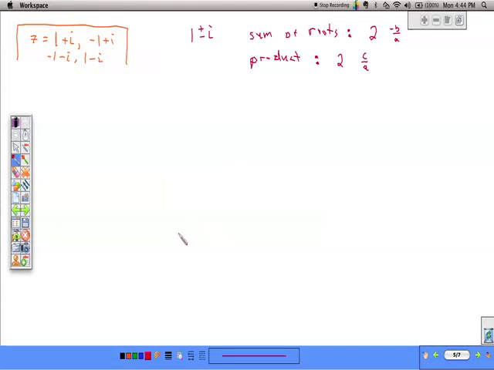So a quadratic that I could write from that is going to be z squared minus 2z plus 2. Now I'm going to take the other two zeros, negative 1 plus or minus i. The sum of those is negative 2, and that's negative b over a.